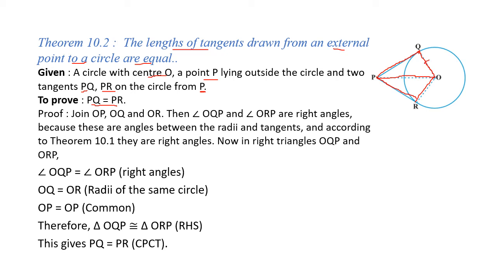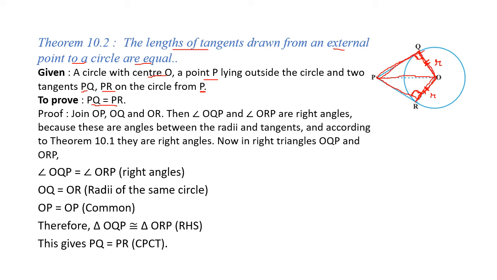Now we have OQ equal to OR. Why? Because they are the radii of the same circle, and radii of a circle are always equal. These both angles are 90. Why are these both 90? They are right angles because we learnt in the previous theorem that the tangent is always perpendicular at the point of contact.